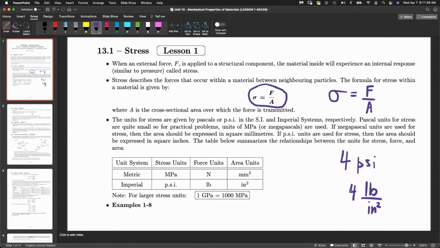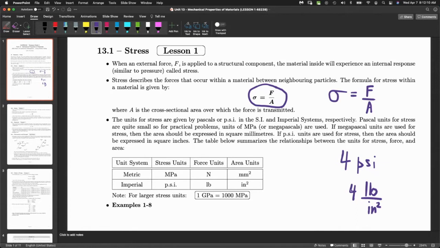The idea is that where you apply the 4 pounds of force, depending on the area it's on, could profoundly affect your perception of how much you can handle. For example, if I were to lie down and put a 50-pound dumbbell on my chest, I'd probably be okay with it.